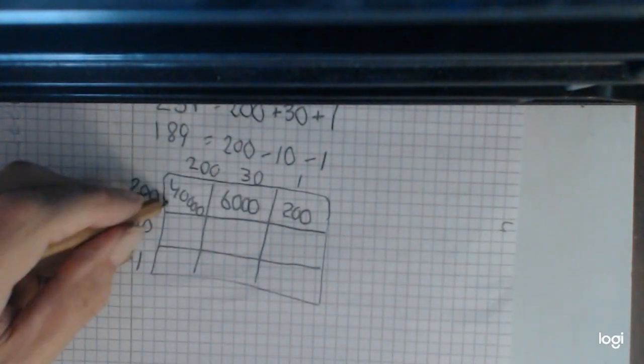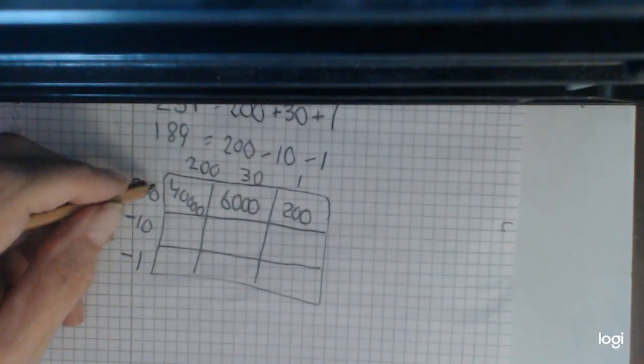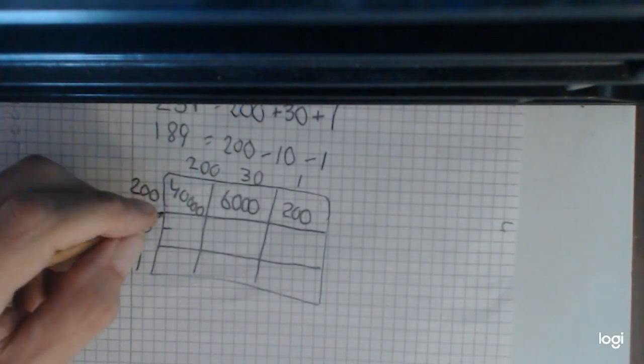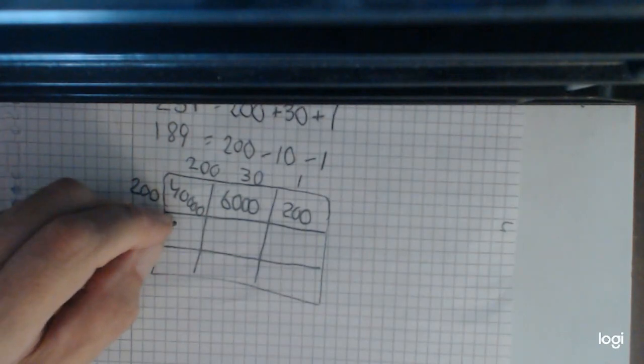And minus 10 times 200, that's minus 2,000.